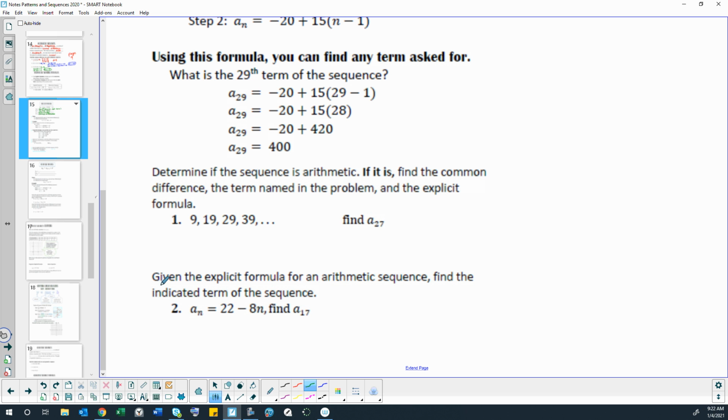This gives us a formula for an arithmetic sequence, and it says find a sub 17. Do you guys know what that means? That means that n equals 17, and we plug it in to find the 17th term.